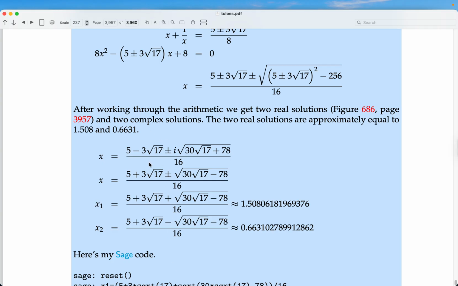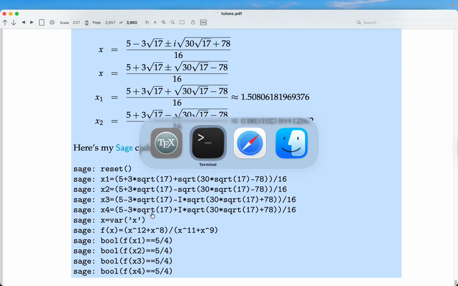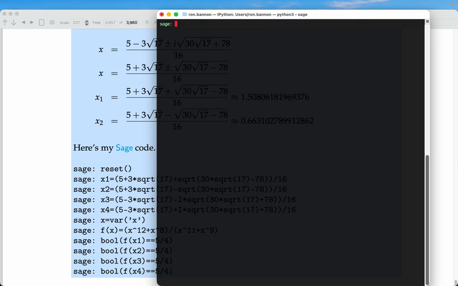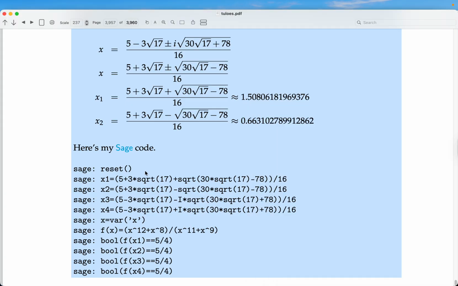Now I want to go back to Sage, and I want to talk about why I did this code over here. So let me go back to Sage. I'm going to clear the screen, and what I did was I wanted to check my answers over here. I want to check to see if they're right. The way we did that, let me reset again, was I actually typed these numbers in, one after another.